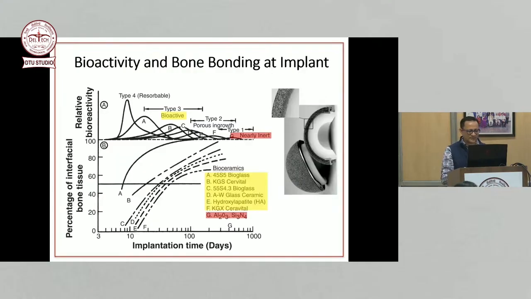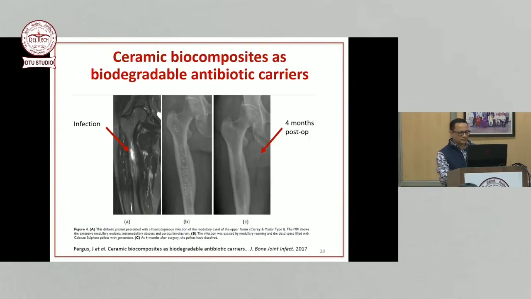Okay. So this is just showing an example of how, over a period of time, a resorbable material starts breaking, a bioactive material starts bonding to the tissue, and a very inert material is going to stay there for a long period of time. This is just another example of a study.